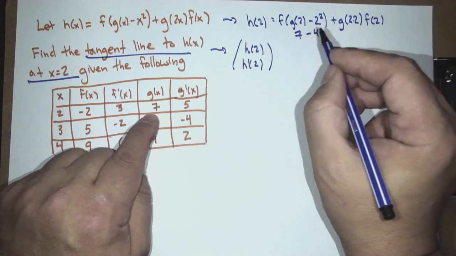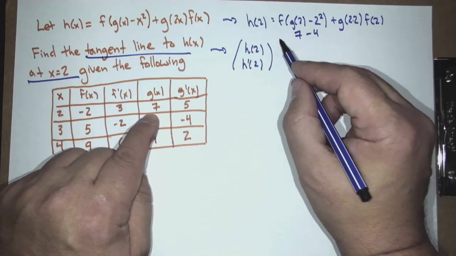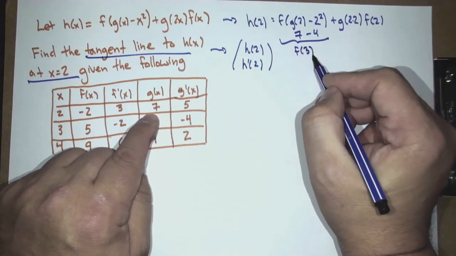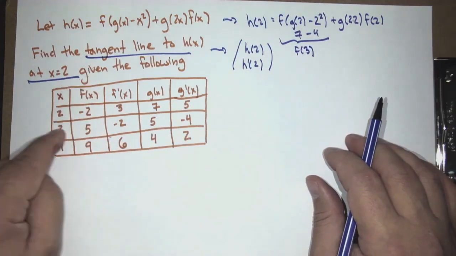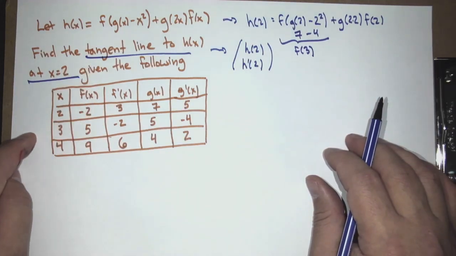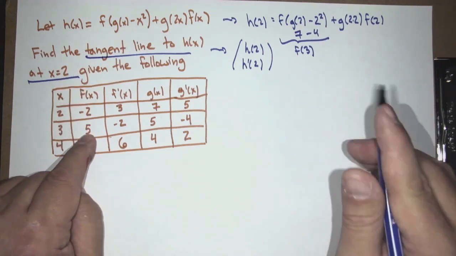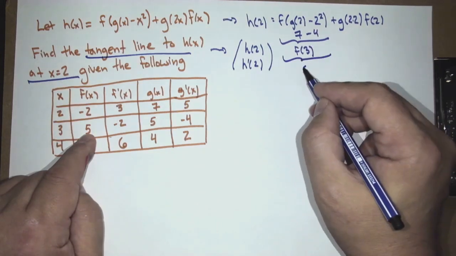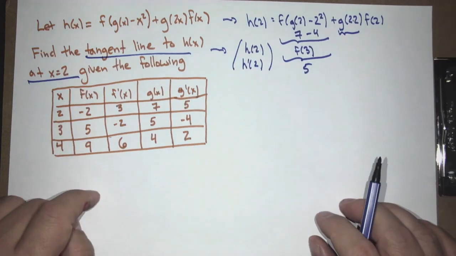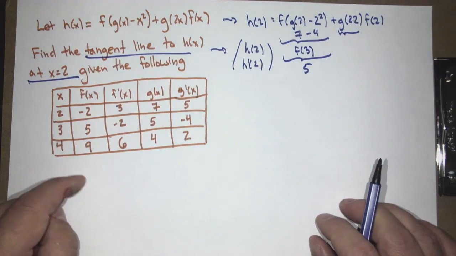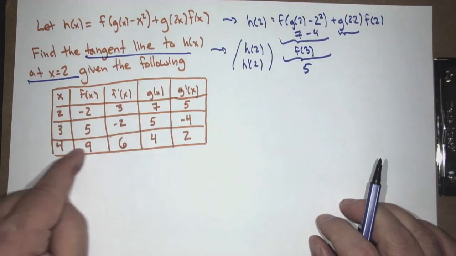7 minus 4, also known as 3. So this first part becomes f of 3. Do we know what f of 3 is? 5. It's in our table. There's 3, there's f, there's 5. So this first part is 5. Do we know what g of 4 is? 4.